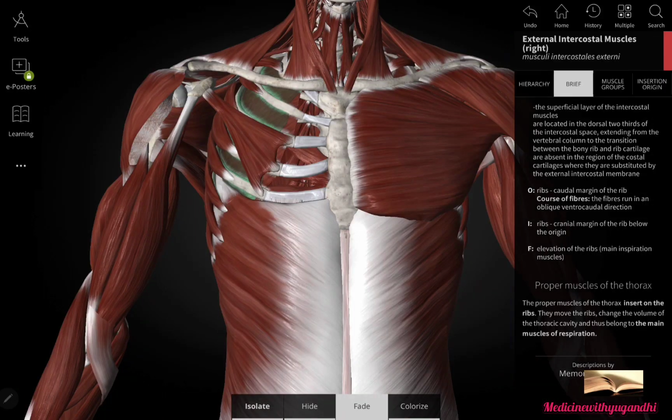Coming to the attachments of the clavipectoral fascia. This green shaded muscle is the external intercostal muscle. Medially, the clavipectoral fascia is attached to the external intercostal muscles of the upper intercostal spaces, and laterally it is attached to the coracoid process.